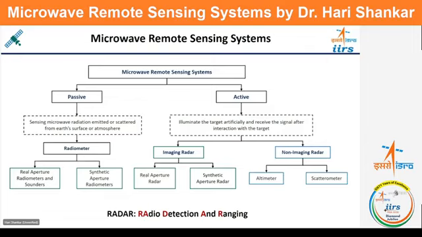If a small amount of fuel is there with your satellite, you can generate a large amount of microwave radiation. But with that same fuel, you cannot generate that much optical radiation, because optical frequency is very high compared to microwave. E equal to h nu: h is constant, nu is more in the case of optical, so you have to generate high energy photons.